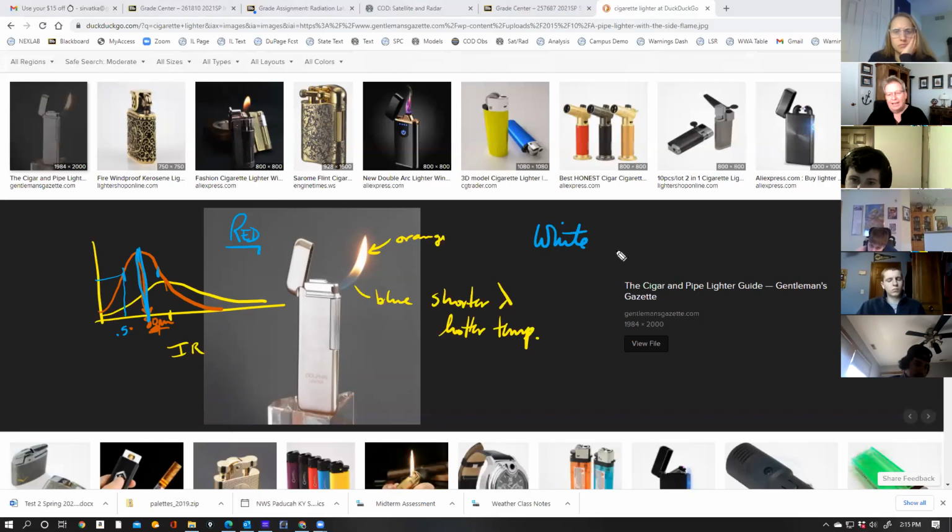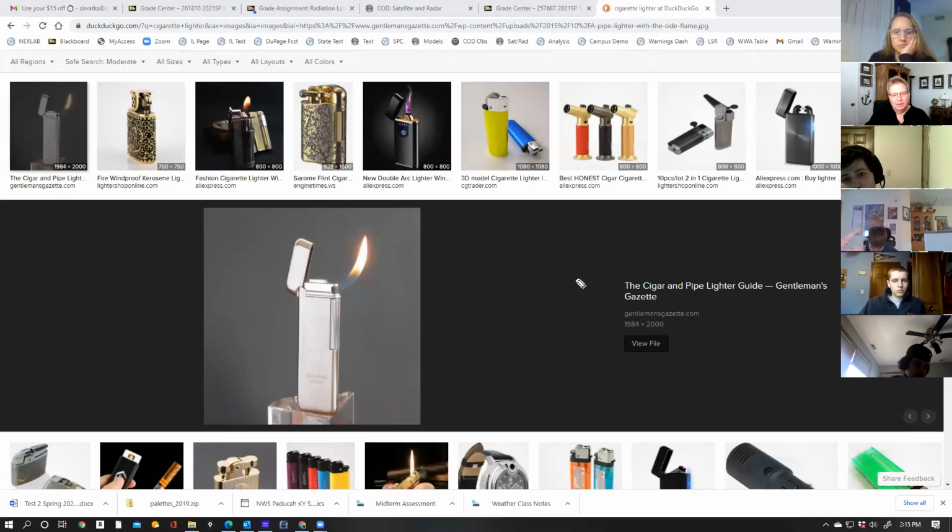So white hot is way hotter than red hot. You burn coals in a barbecue, they start glowing orange, ooh, hot. Starts glowing white, even hotter. But this is glowing what color? Now it's getting blue, which means it's even hotter.